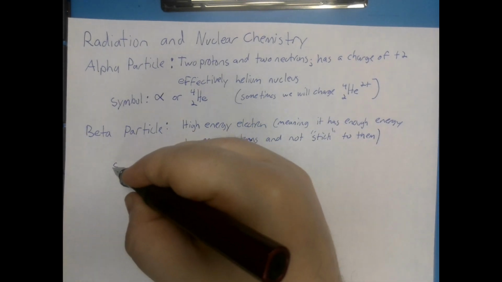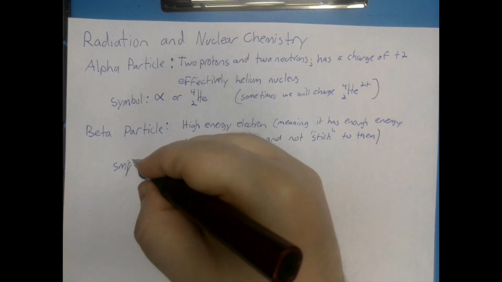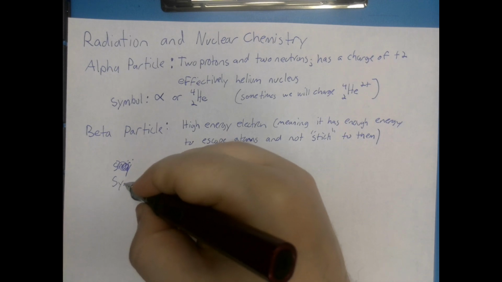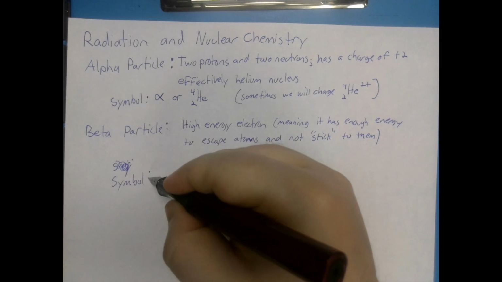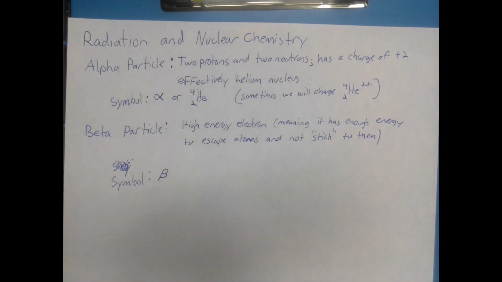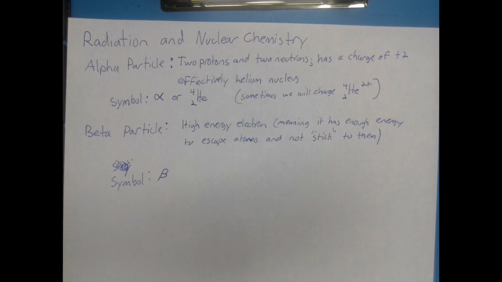Its symbol will be the Greek letter beta. So a slanted B with a little tail at the bottom.